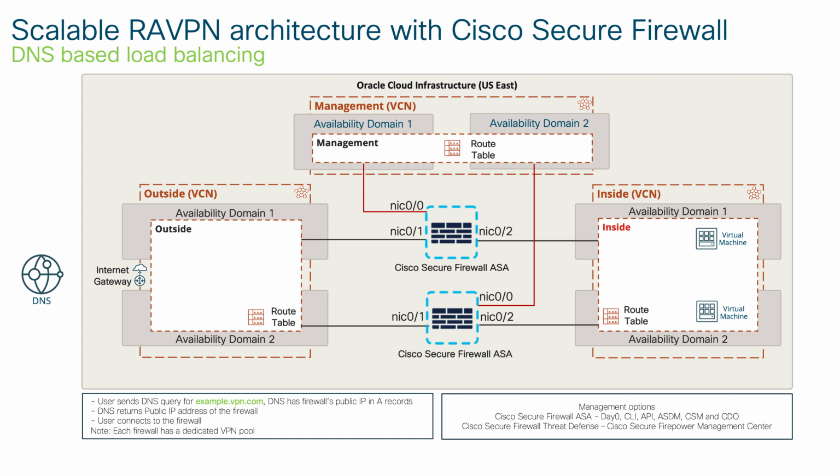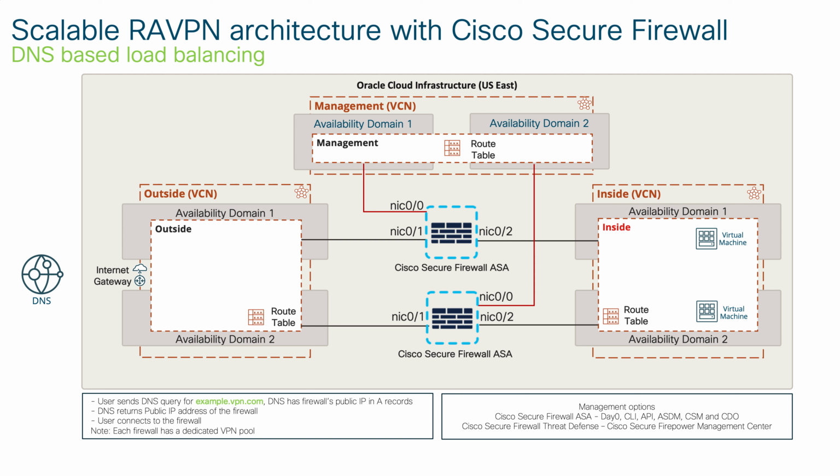Now on the management side, for ASA you have options like Cloud Init or Day Zero. You can use CLIs or APIs to configure your firewall, or you can use the on-box manager known as ASDM, or in the cloud you have the option of choosing Cisco Defense Orchestrator, or if you are on premise you can use Cisco Security Manager as well for managing your ASA.